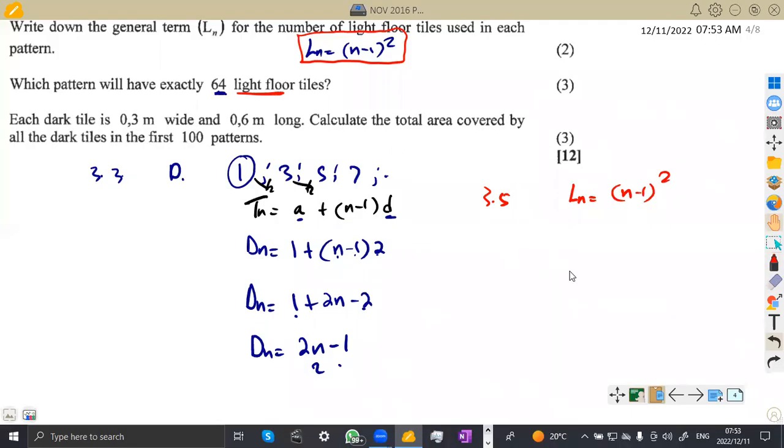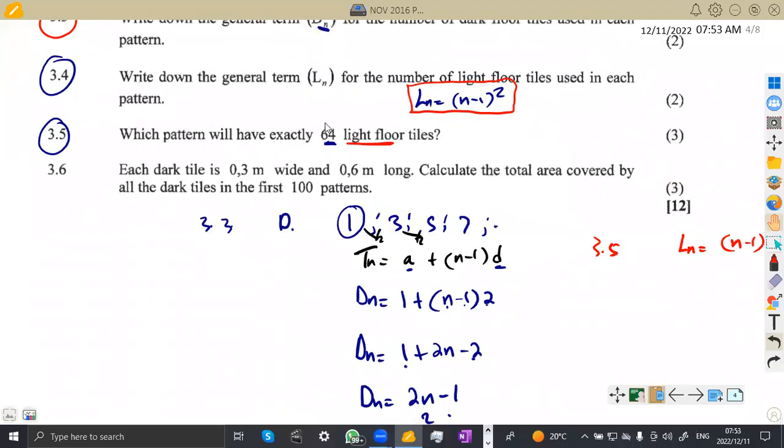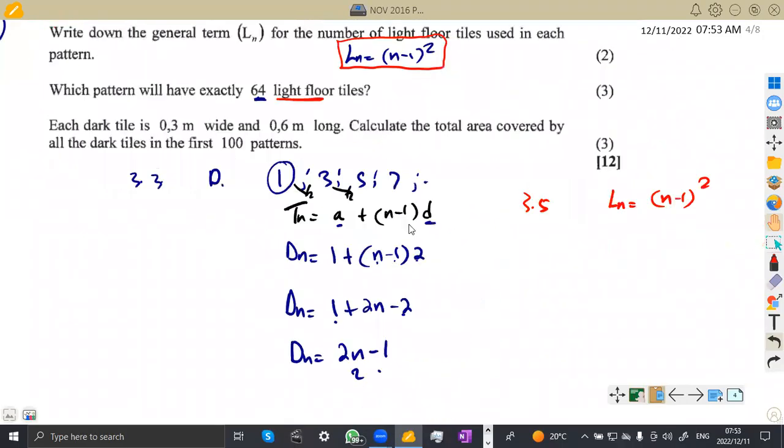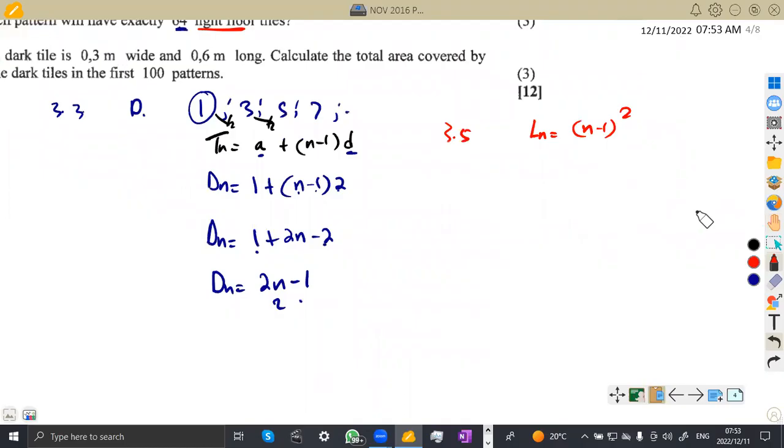We are now given that which pattern will we have exactly 64. So you are equating the expression for the light tiles, which is n minus 1 squared, to 64. That is the total. So guys, there's a square here. So to remove the square, you have to introduce the square root on both sides. So you're going to have n minus 1 is equal to the square root of 64. That's plus or minus 8. Square root of any number, guys, you must know that is plus or minus 8.